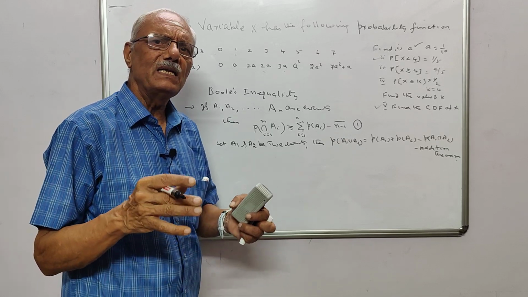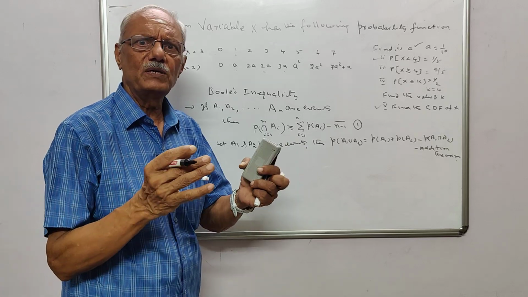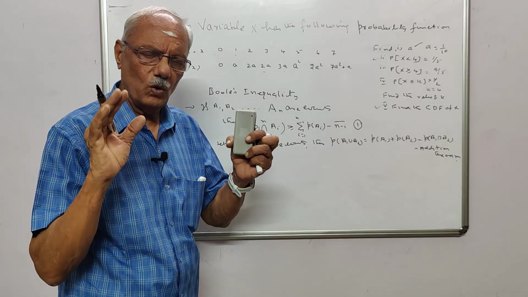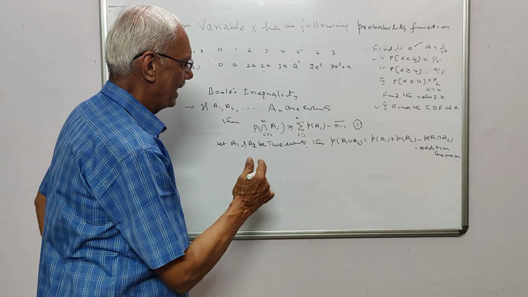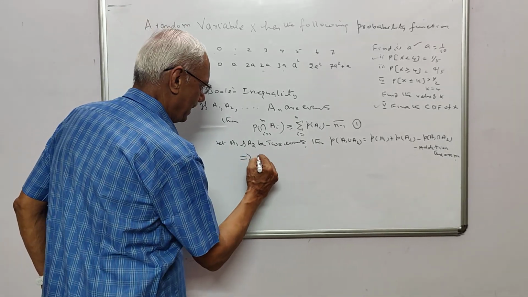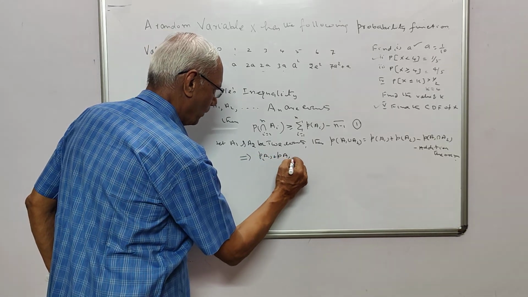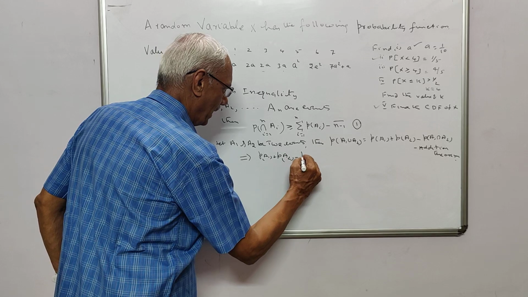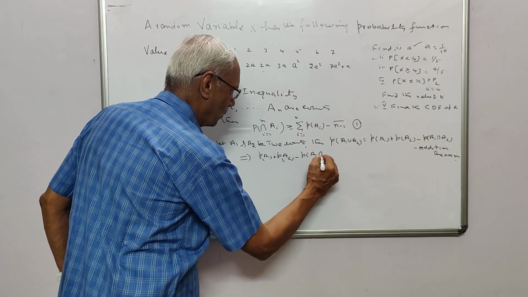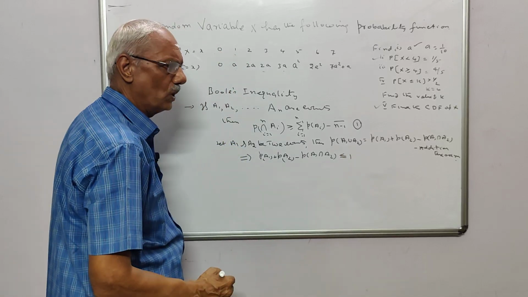Let there be n events, but the probability will always be less than or equal to 1. So this will naturally imply that P of A1 plus P of A2 minus P of A1 intersection A2 is less than or equal to 1.